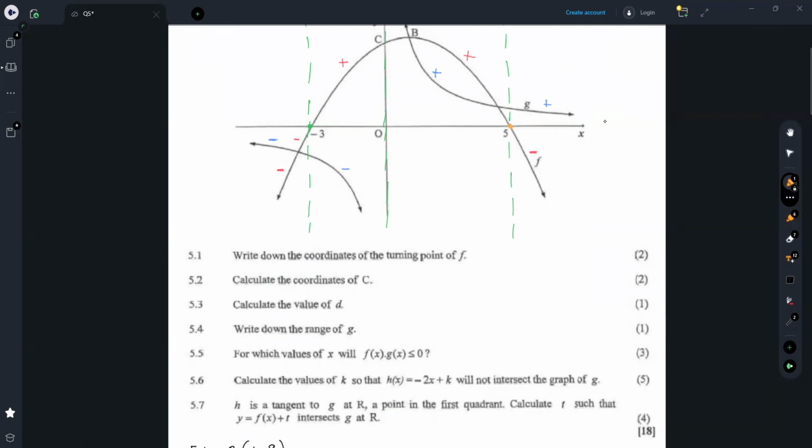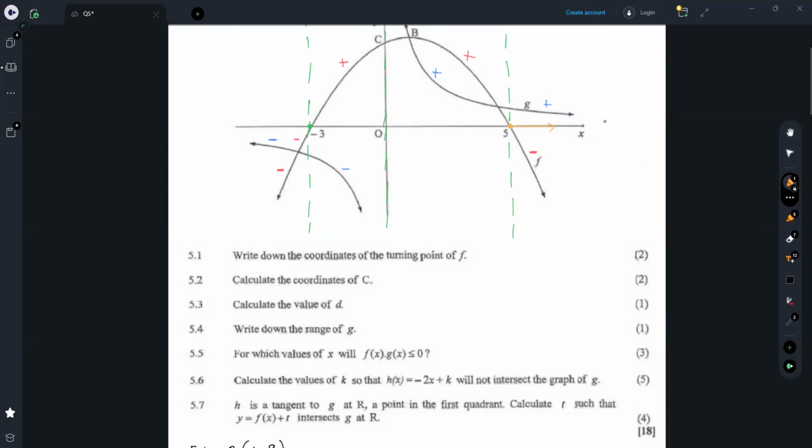And when I go to this side, g of x is positive and f of x is negative. So this part satisfies the condition because when I multiply a y value from this portion with a y value from that portion, I will definitely get a negative answer.